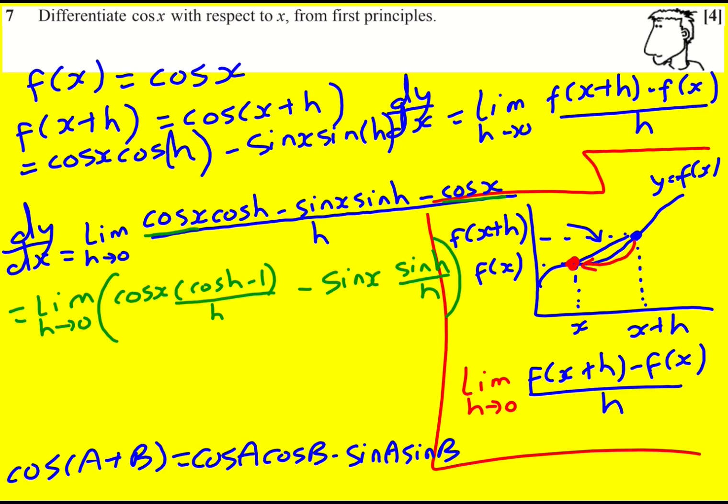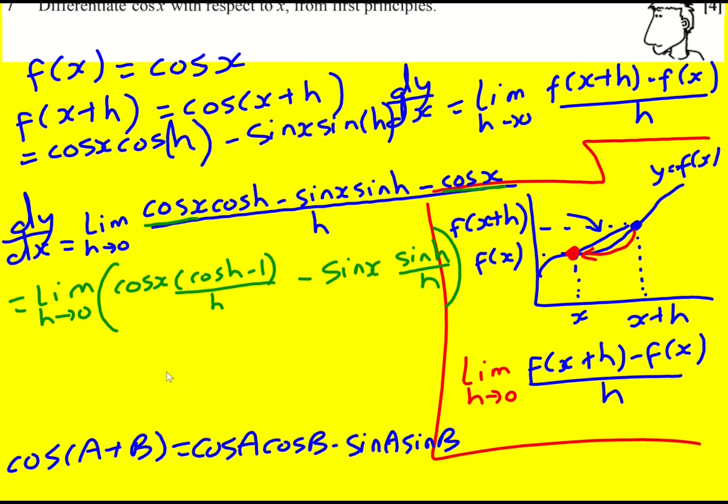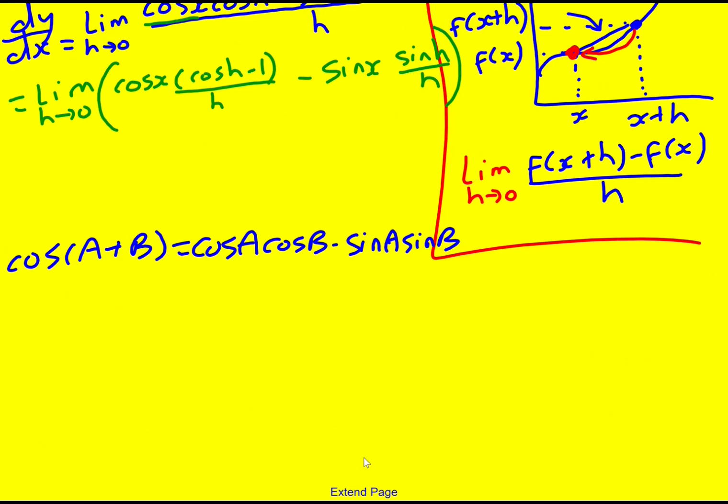Okay, so we now need to consider what happens to cos and sin as h gets small. I'm going to go into some detail here. I don't think this is required actually, but I think it's good to show, so let's do it. So for small h, cos h is approximately 1 minus h squared over 2.